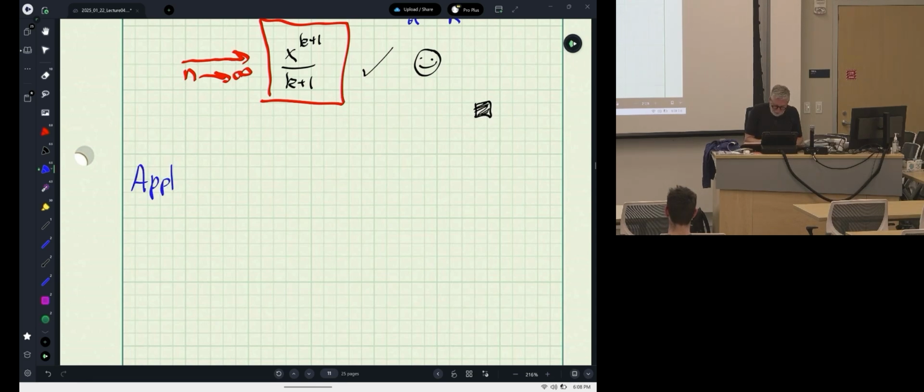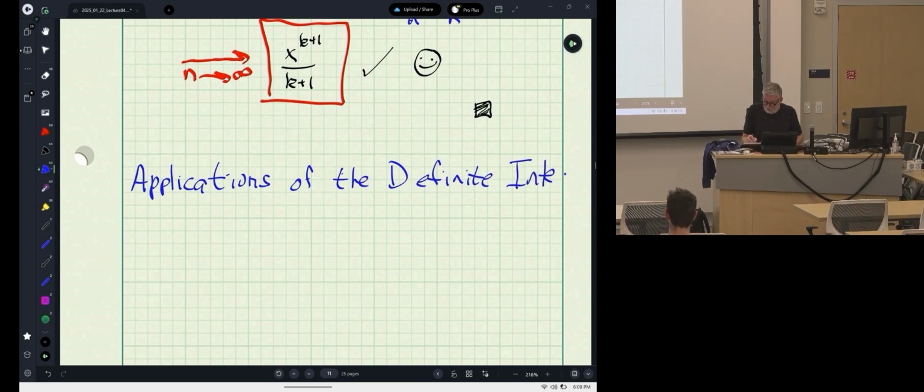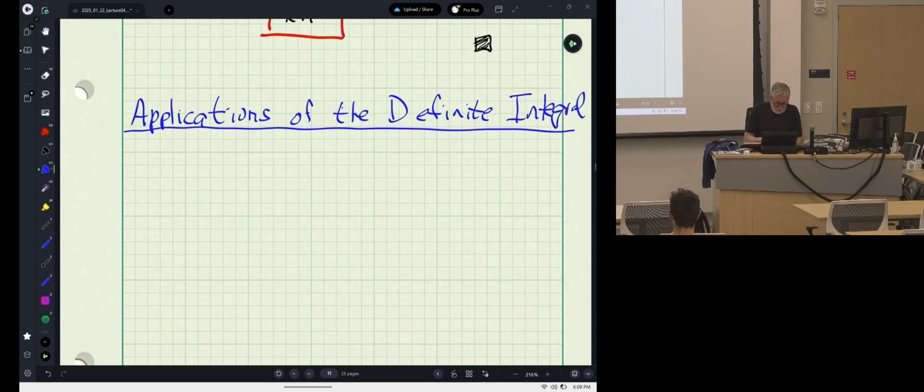What we're going to be working on next week, primarily on Monday of next week, is applications of the definite integral. We'll do one of them today just because it's pretty easy.